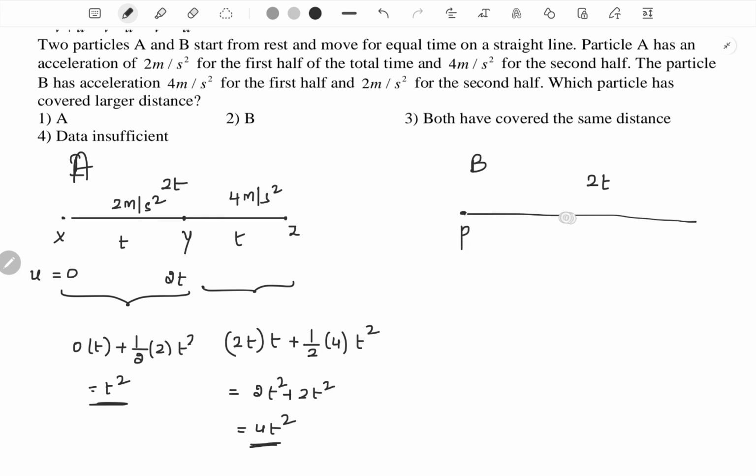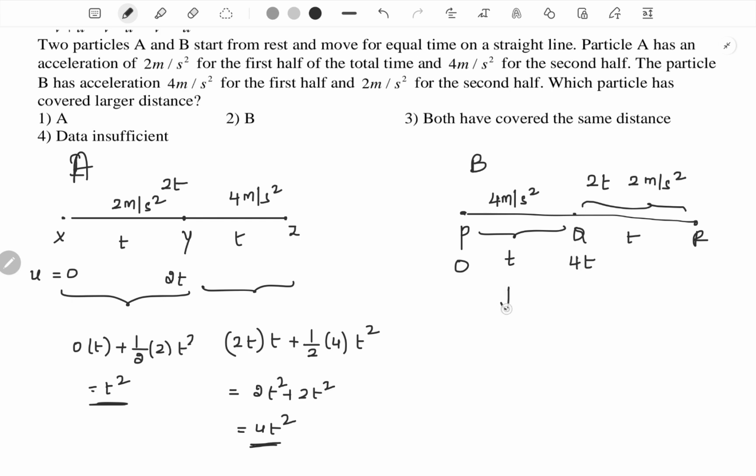Let's say it started at point P. So P to Q, it has an acceleration of 4 meter per second square, where time taken to go from P to Q is basically t. So Q to R, it has an acceleration of 2 meter per second square, where time taken is t. Now if the velocity at P is 0, velocity at Q would be 4 into t, using v is equal to u plus at.